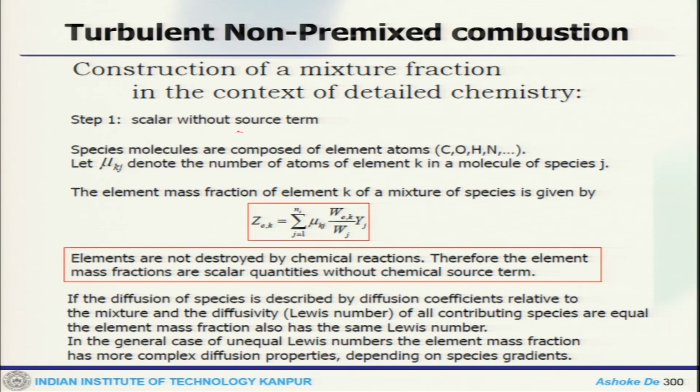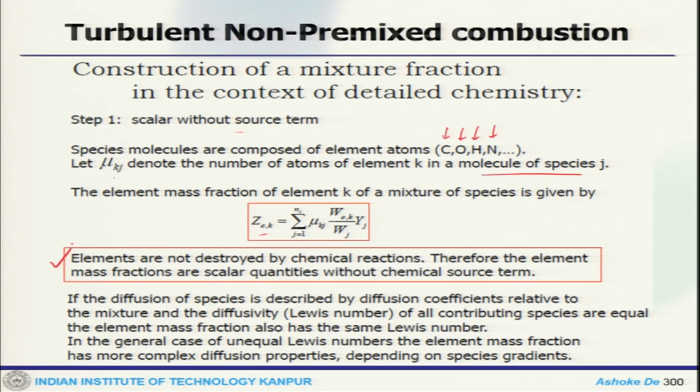This is a scalar without source term, but the species molecules have component elements of atoms C, O, H, N. Let mu_kj denote the number of atoms of element K in a molecule of species J. So, we go by the elemental mass fraction definition, which for an element K of a mixture of species is given by Z_EK equals summation over all j of mu_kj W_EK by W_j.